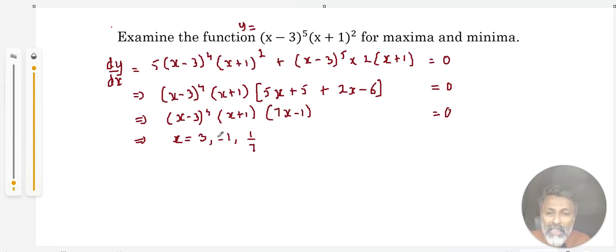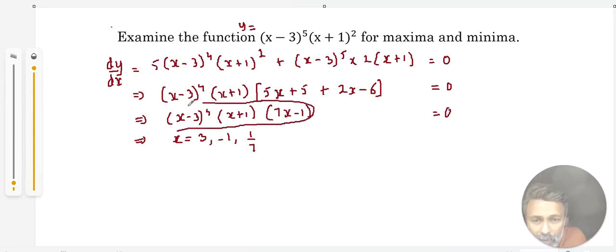But taking the derivative of this quantity is complicated. So we would prefer to instead go with the first derivative test. Let us consider a value little less than 3.